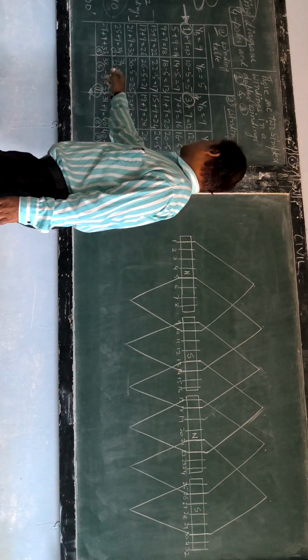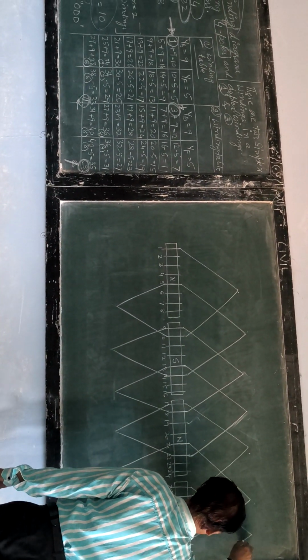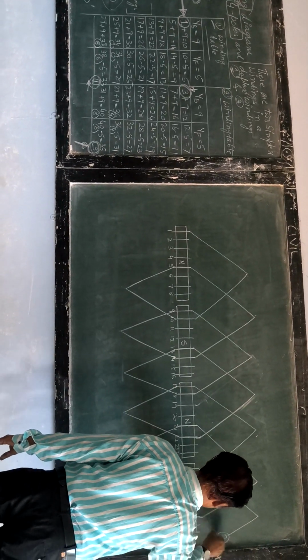From 25 it goes to 2. It goes to both the sides.